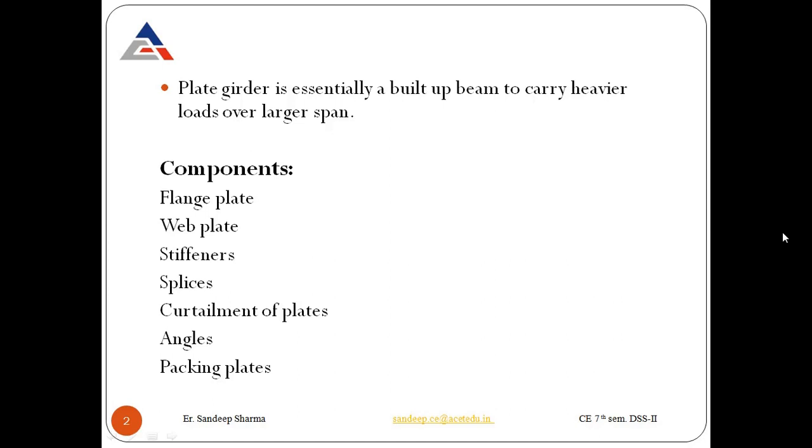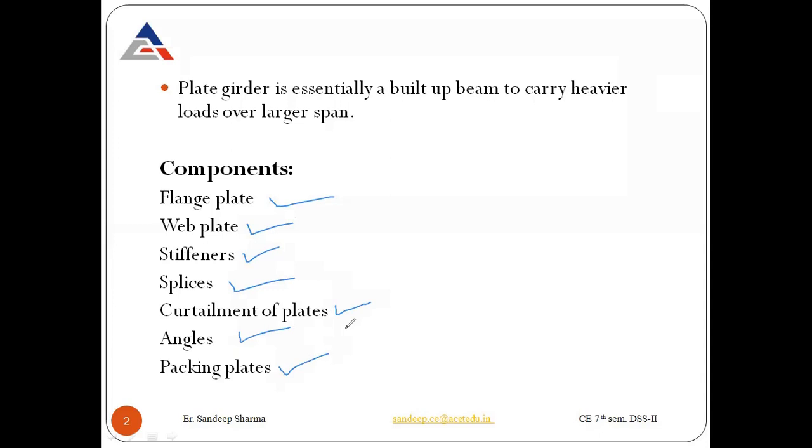We have various components of this plate girder. Here you can see, first, the flange plate. Then we have the web plate, then the stiffeners and the splices. Then we have the curtailment of the plates, angles, and the packing plates.